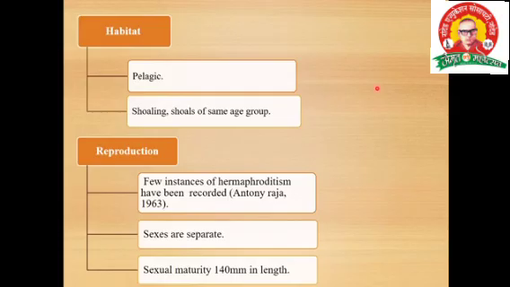Then next is reproduction. In the reproduction of oil sardine, few instances of hermaphrodites were recorded by some scientists in 1963, but the sexes are separate. Sexual maturity is at 140 mm in length.